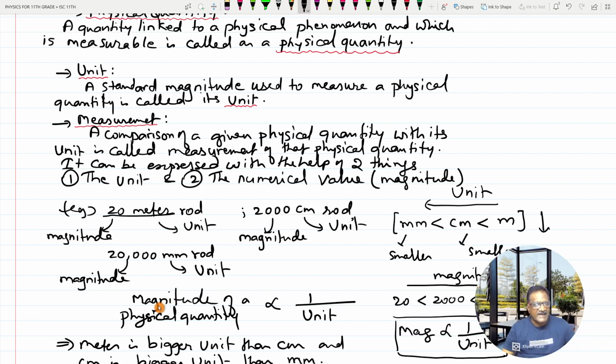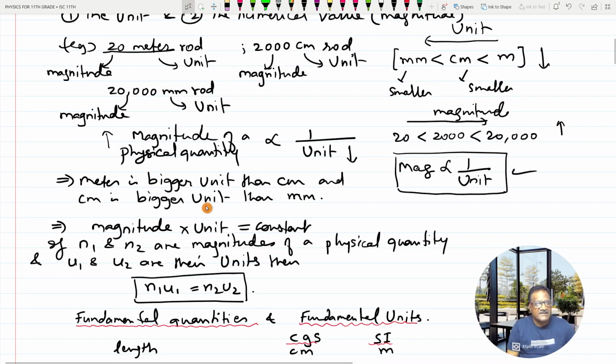Magnitude of any physical quantity is inversely proportional to the unit. The meaning of this is, as the unit decreases, the magnitude will be increasing. Meter is a bigger unit than the centimeter, and centimeter is a bigger unit than the millimeter.